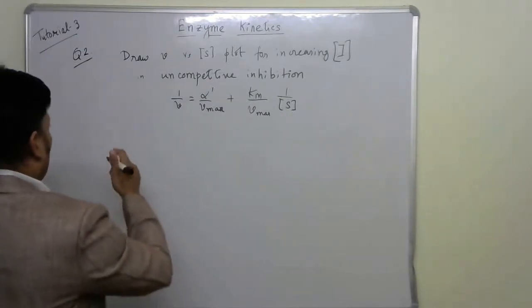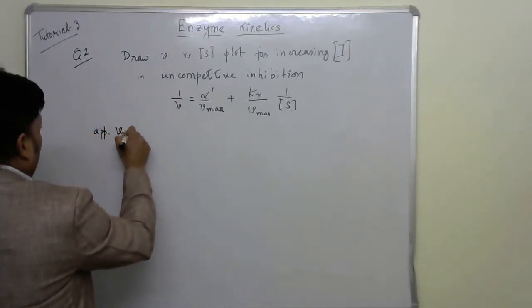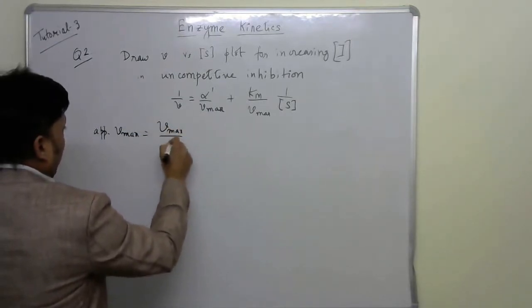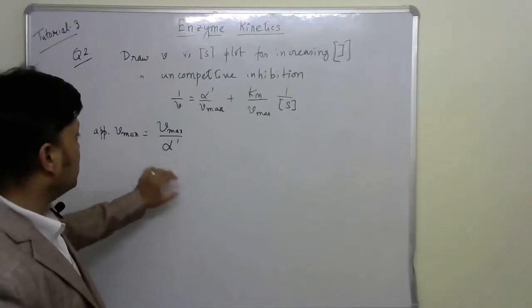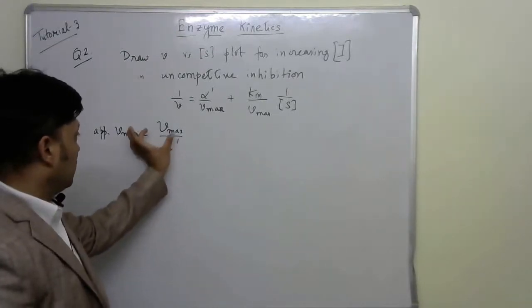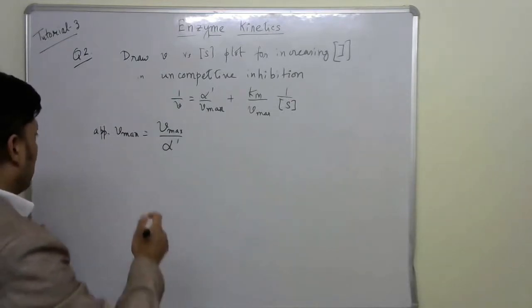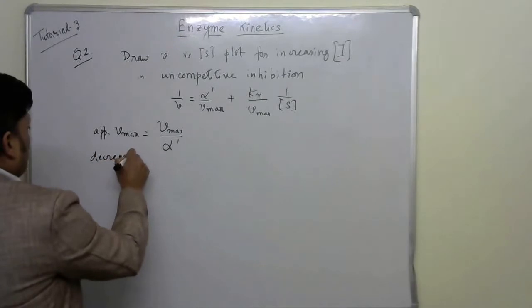So here you can say that apparent Vmax is Vmax divided by alpha prime, and alpha prime contains I terms, so with increasing I, the denominator increases. That means the apparent Vmax decreases with increasing I.